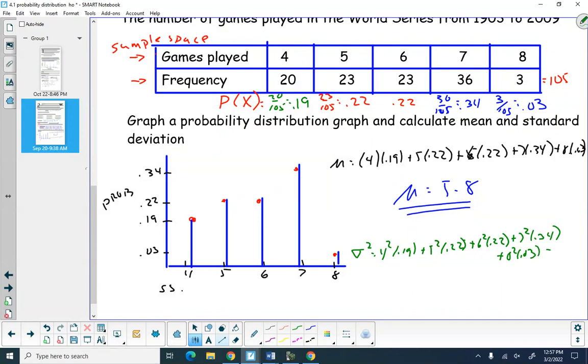But then don't forget to subtract off the mean squared. If there's time, this is actually in the notes. We have 16 times 0.19 plus 25 times 0.22 plus 36 times 0.22 and so on.